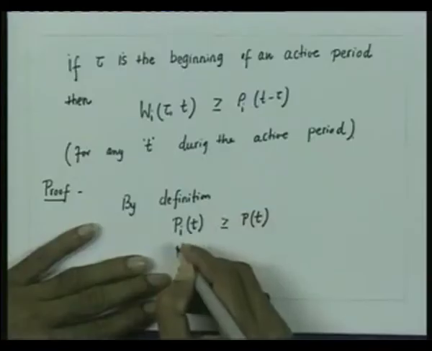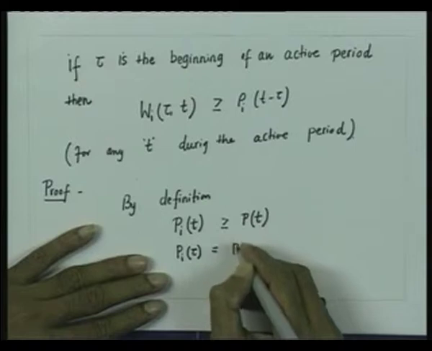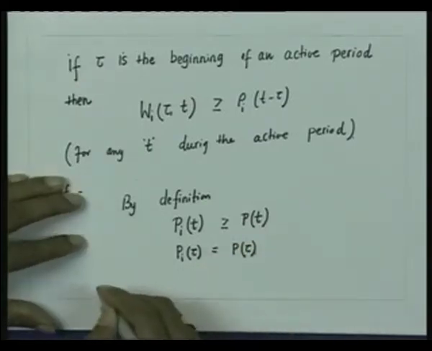So therefore p_i(τ) is actually equal to p(τ), okay.